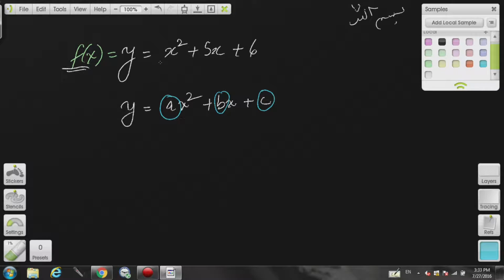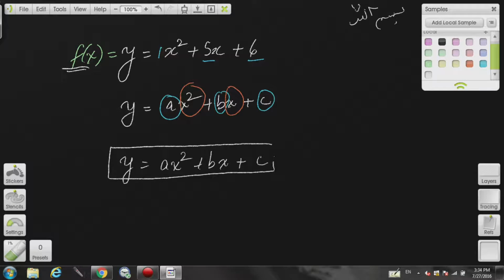In this case, a is 1, b is 5, and c is 6. And the variables are over here. That's the standard form. So again, the standard form of a quadratic function is y equals ax squared plus bx plus c. This you must know.